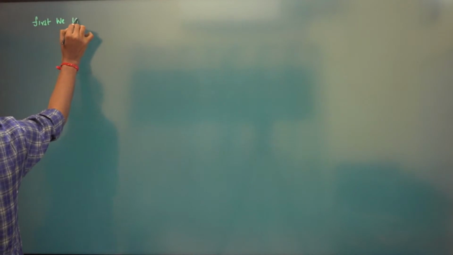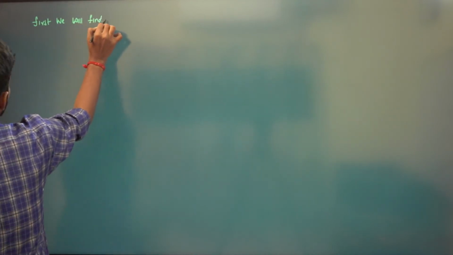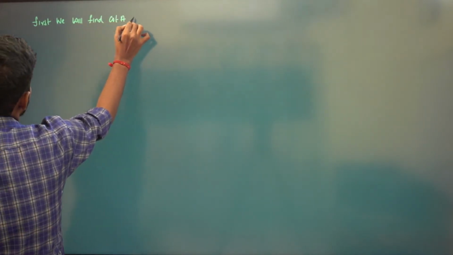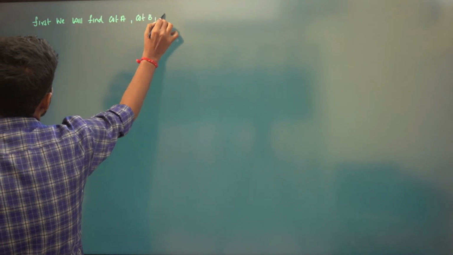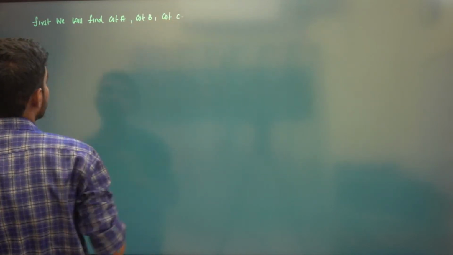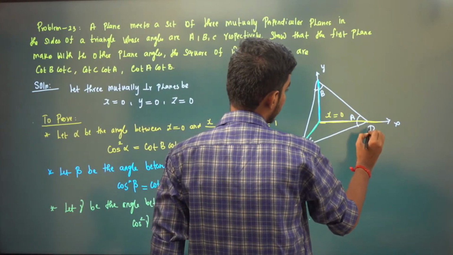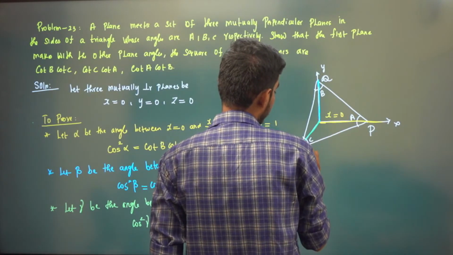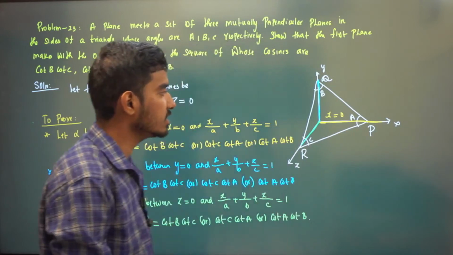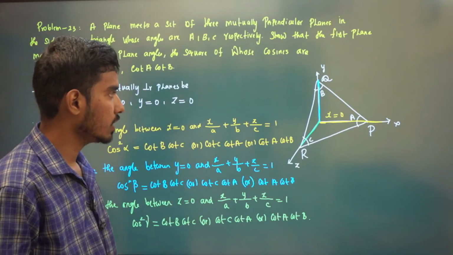So first we will find cot A, cot B, cot C, right? Now what is A? Let us call these points P, Q, R. A is the angle between PQ and PR, right?